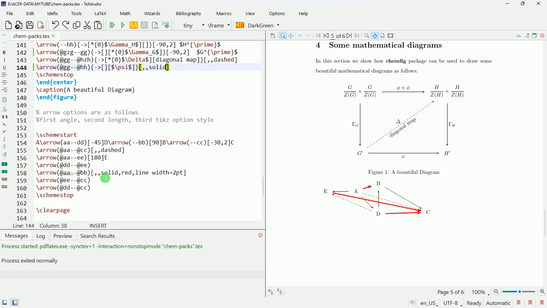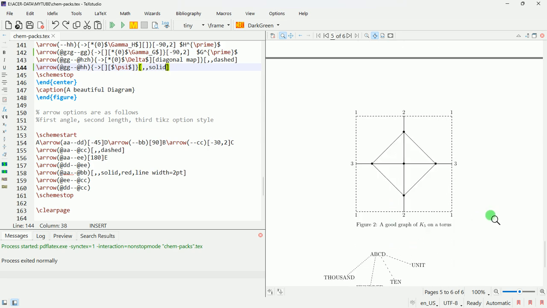Then I have changed the style here. I have made it red, white, and all kinds of things. These three red, I have just made A to B red. But E to C, D to E, I did not make red, but still it is becoming red. So that means this style is maintained here. So if you want a different style here, you have to specify it clearly, just like this one.